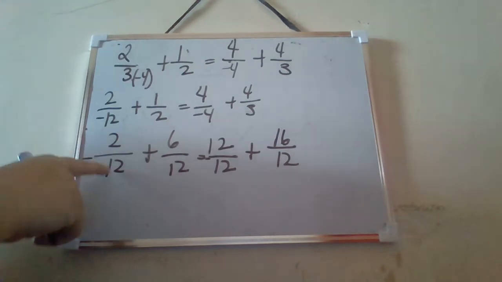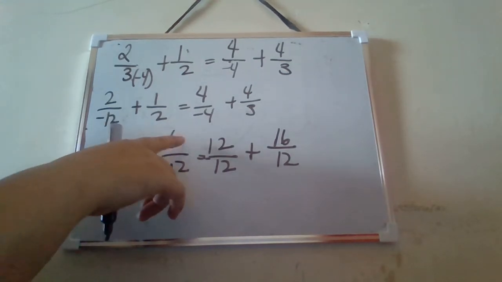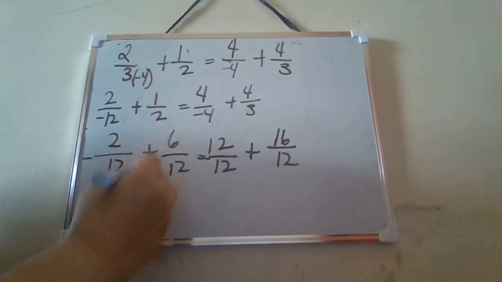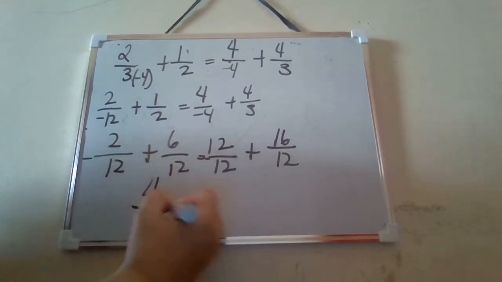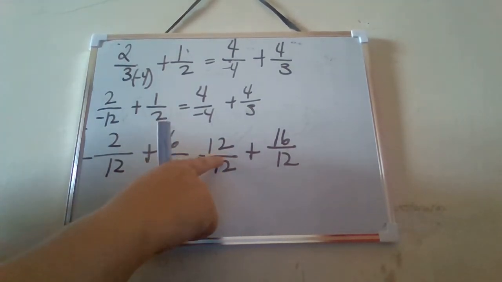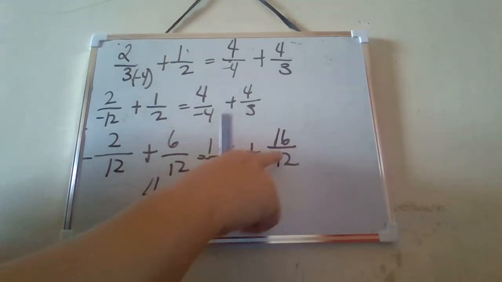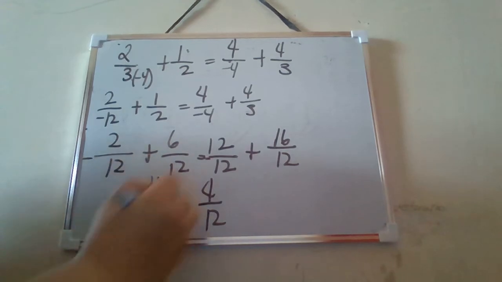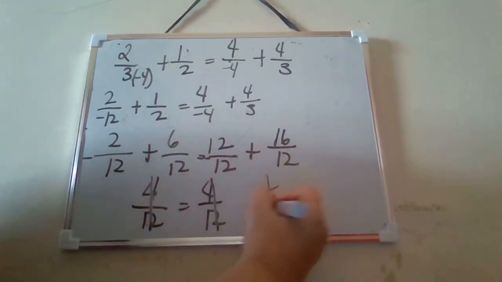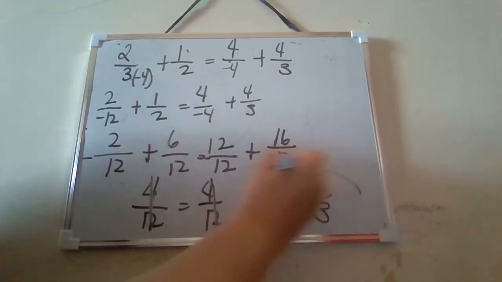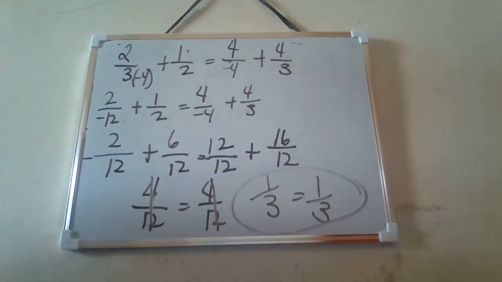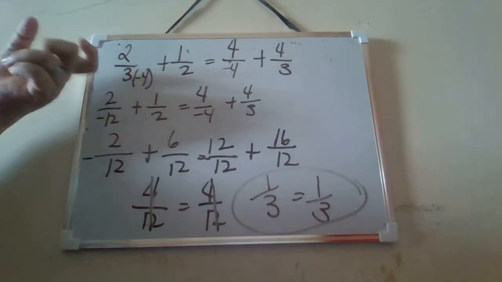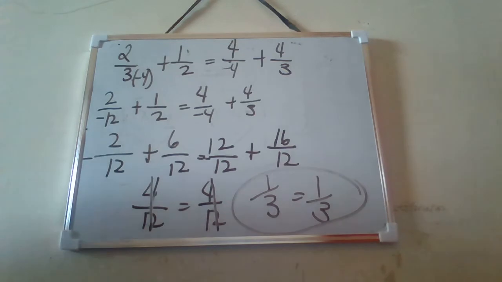So negative 2 over 12 plus positive 6 over 12, that is 4 over 12, equals negative 12 over 12 plus 16 over 12 is 4 over 12, or 1 third. So they have the same answer, thus the value of x is correct.